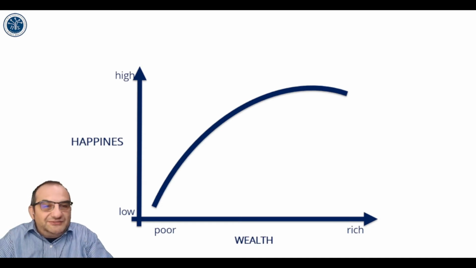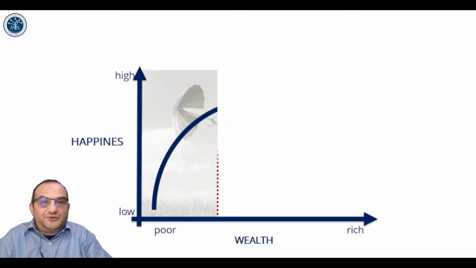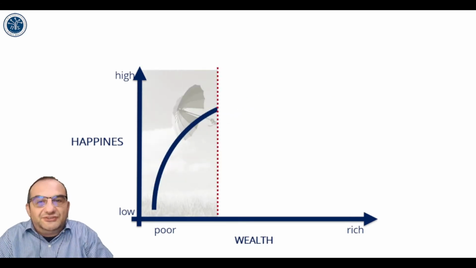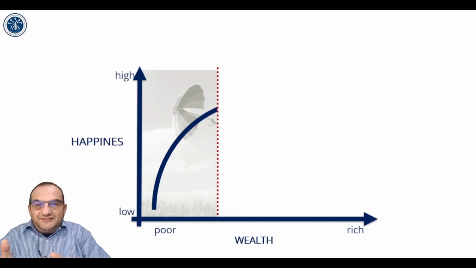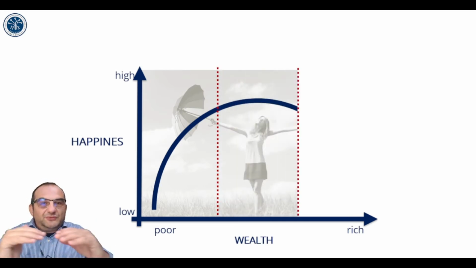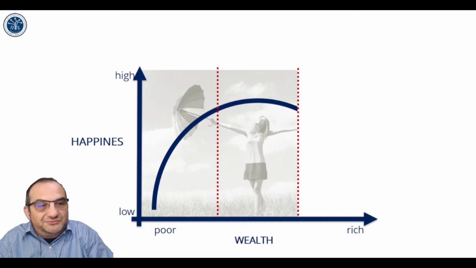But a lot of research in this direction reveals that the curve looks like an inverted U. So that means that there is a level till which we have a linear connection between wealth and happiness. But after that, a flat curve shows that wealth does not influence happiness too much.